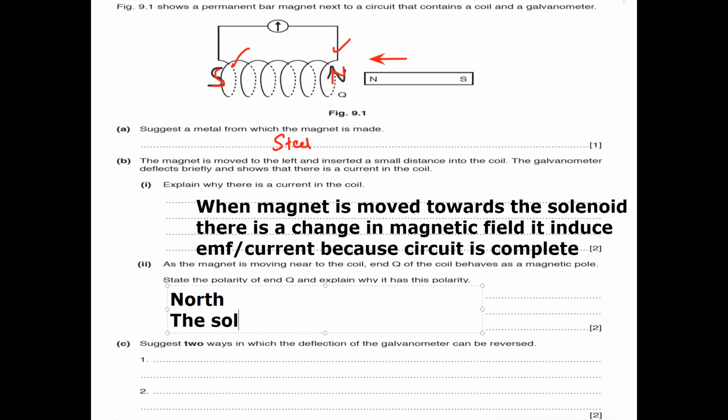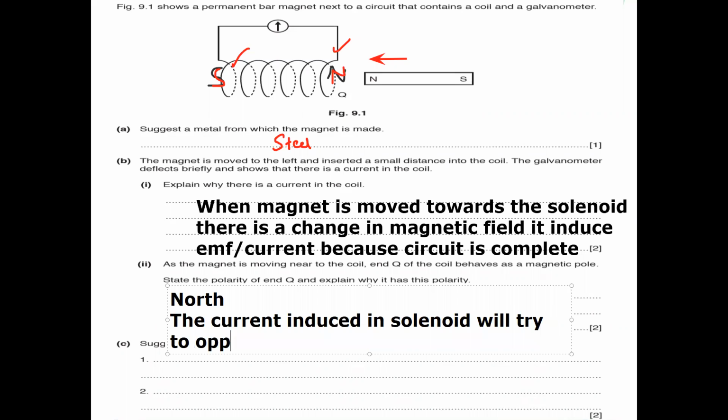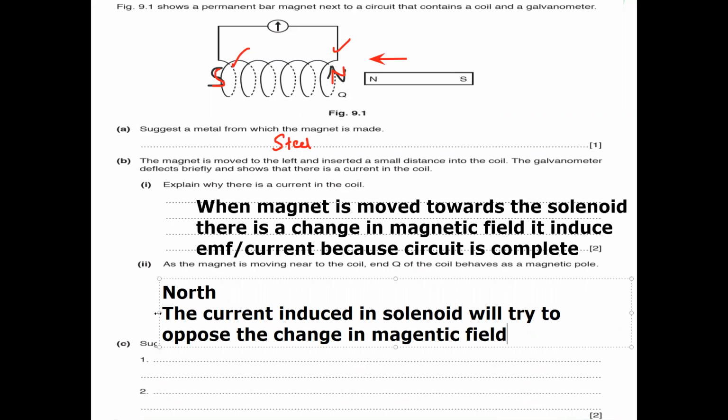The current induced in the solenoid will try to oppose the change in magnetic field. So that is the reason.